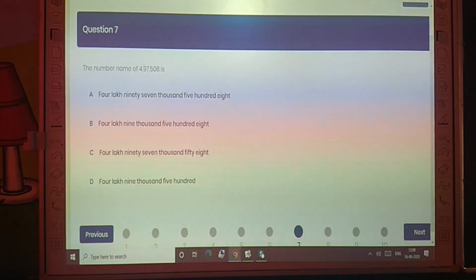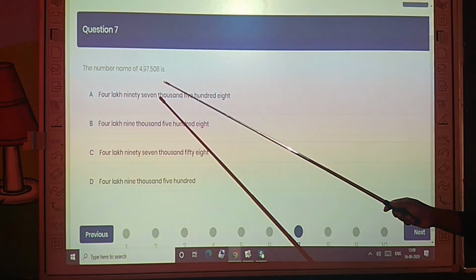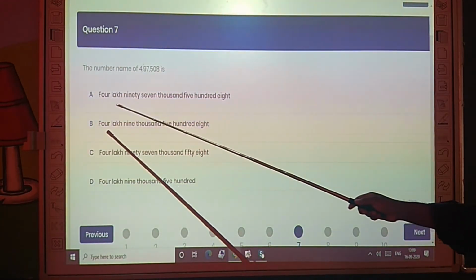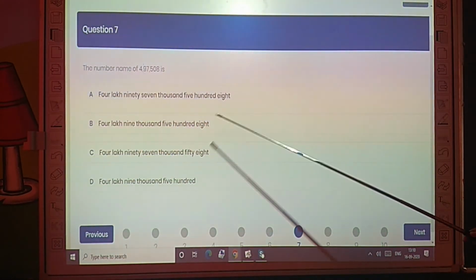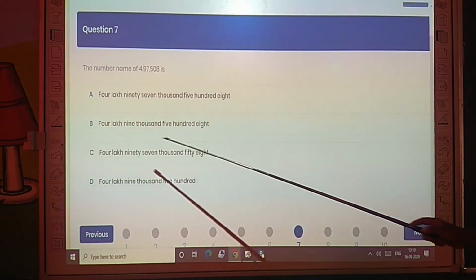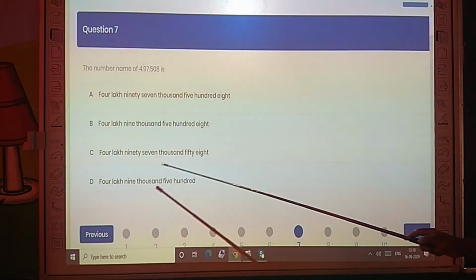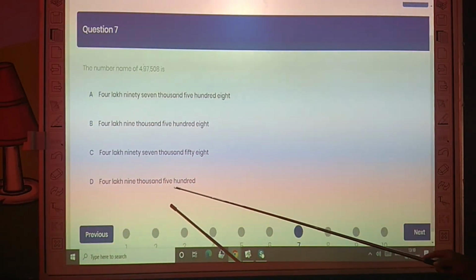Question number 7. The number name of 4,97,508 is A, 4,97,508, B, 4,09,508, C, 4,97,058, D, 4,09,500.